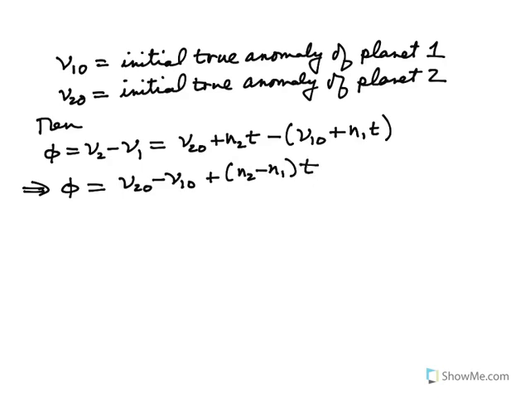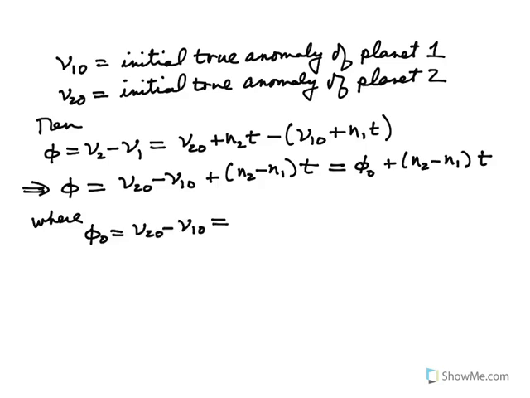Now, given that the phase angle is defined as the difference between the true anomalies, we now know that nu20 minus nu10 is phi 0, the initial phase angle, plus n2 minus n1 times t, where phi 0 equals nu20 minus nu10 equals the initial phase angle, or the phase angle at time t equals 0.